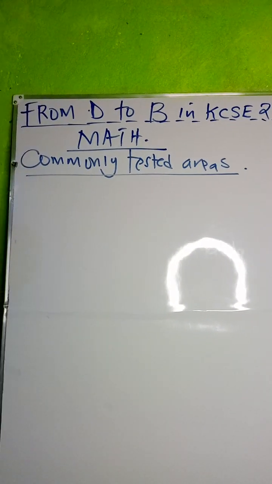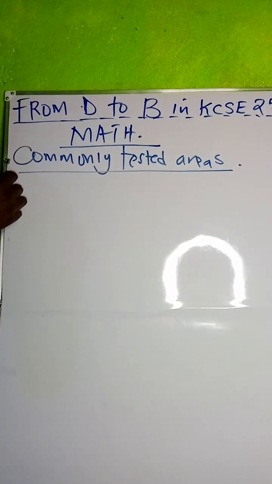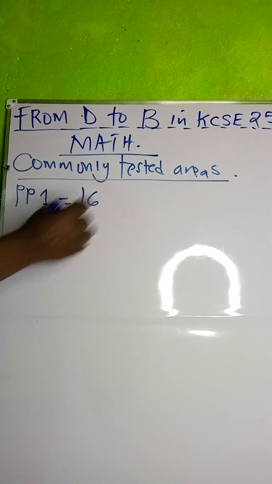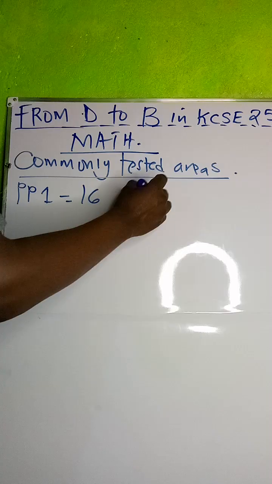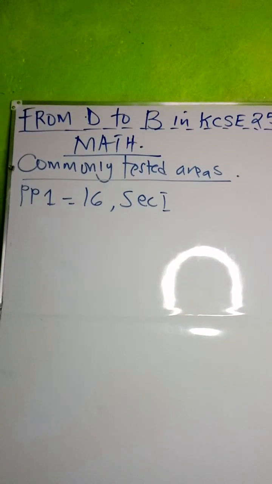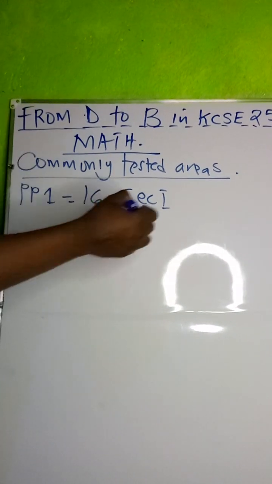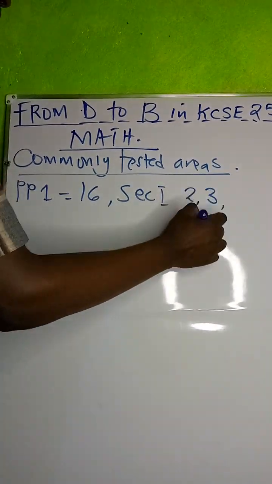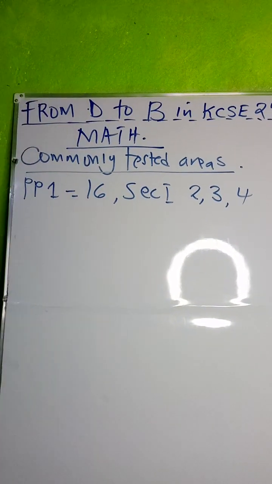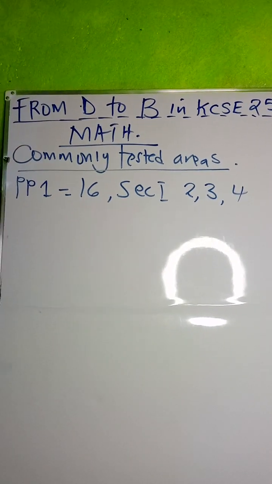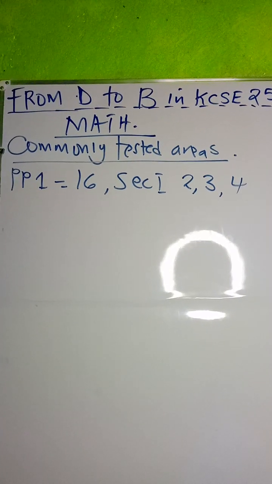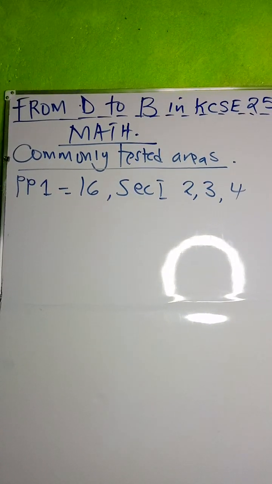So in paper 1, you'll first of all do 16 questions in section 1, and these will be around 2 marks, 3 marks, or at most 4 marks each. These questions are very important, and they constitute 50% of the exam. They are also compulsory, so every student must be able to do them.